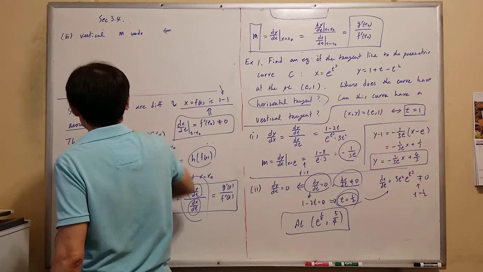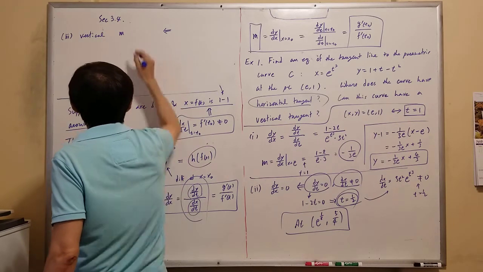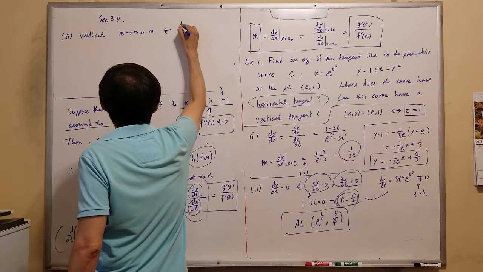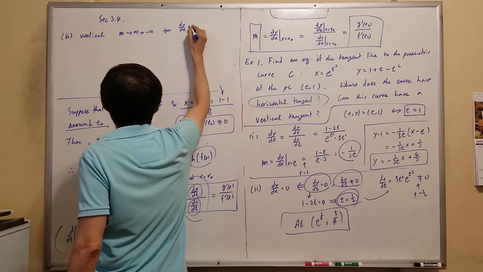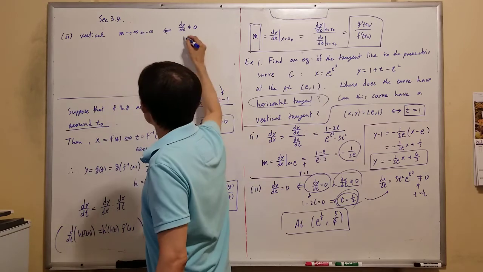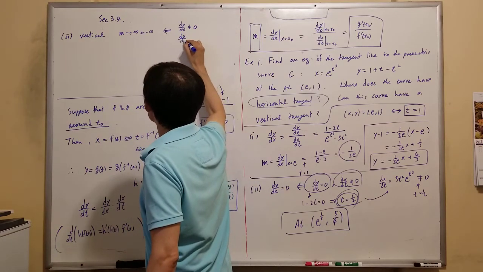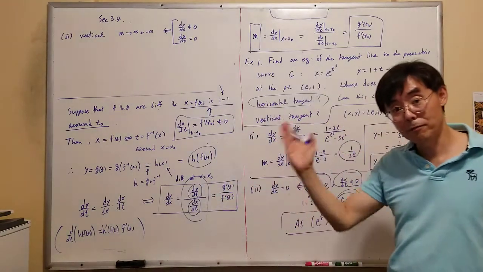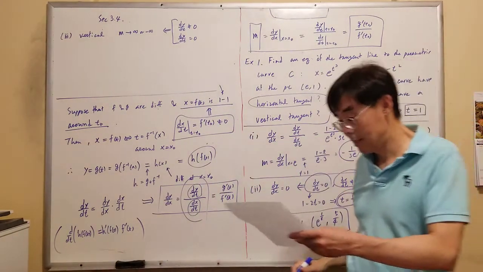Not only undefined, it just has to go to infinity. If dy over dt is some non-zero finite number, but dx over dt equals 0 at that point, then you're going to achieve vertical, right?